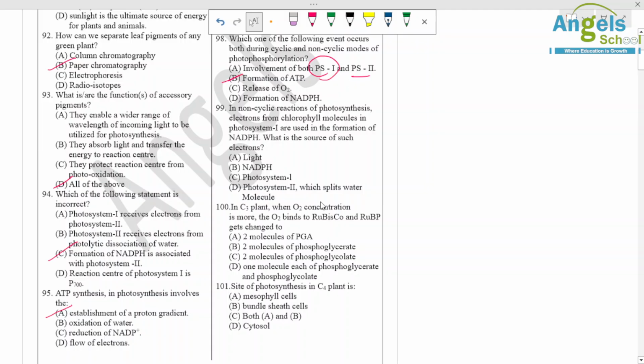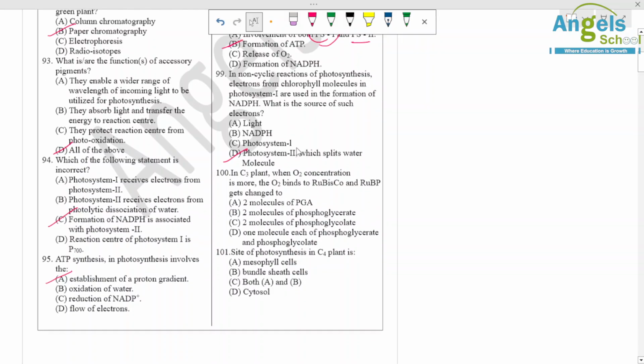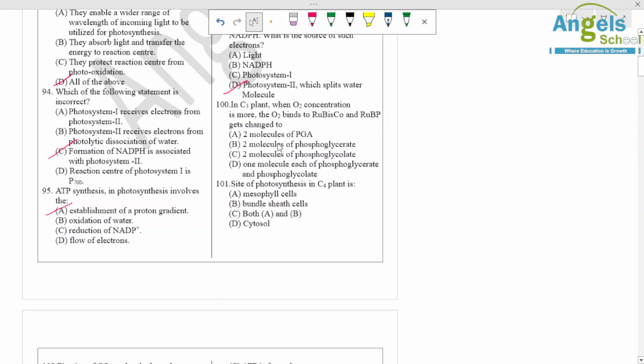So the correct option is D. In non-cyclic reaction, the electron source is photosystem 2, splitting of water molecule.